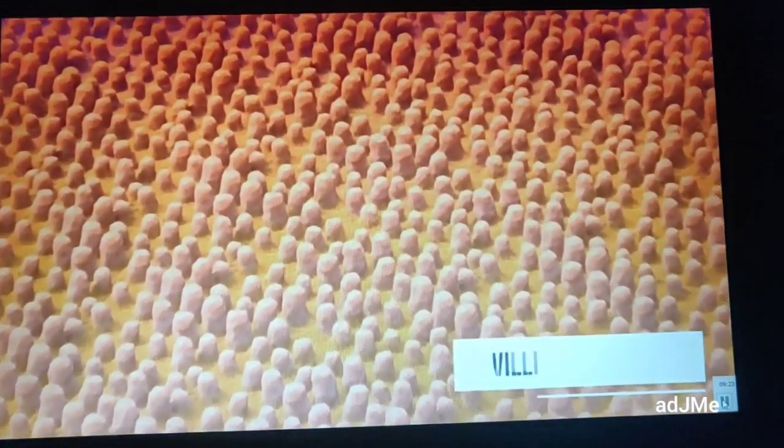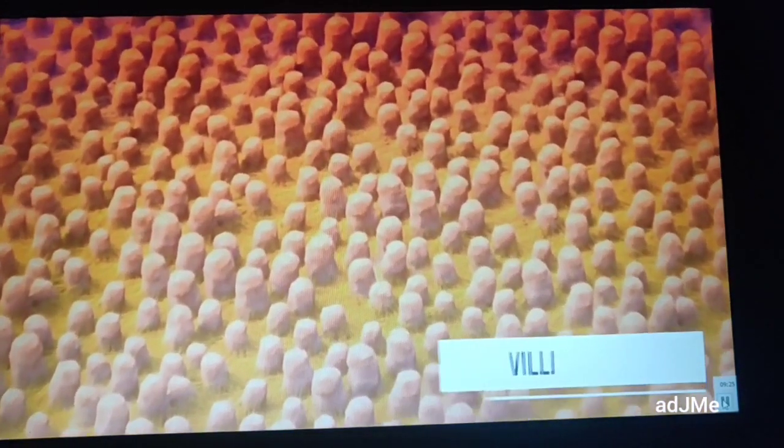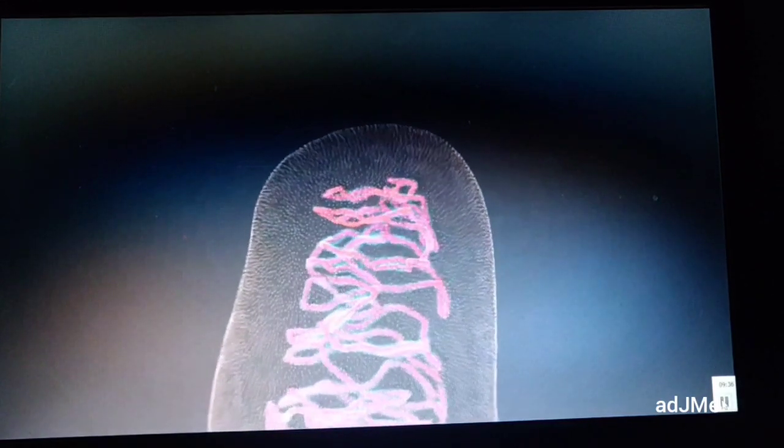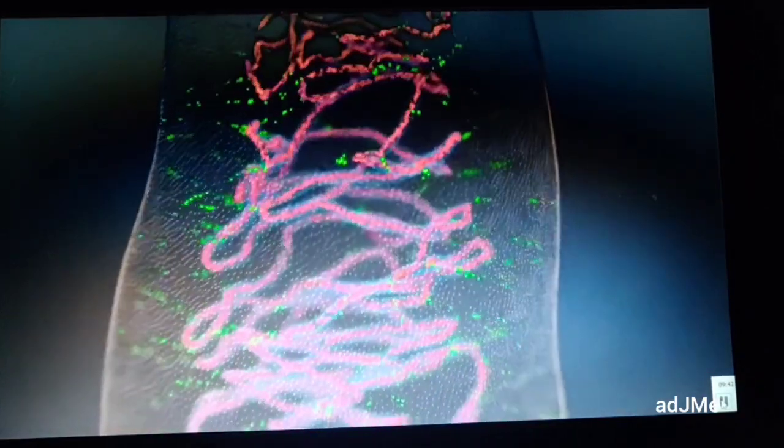So that is the main function of this villi. Okay, these finger-like projections are called as villi, which absorbs the nutrients. Internally, this villi comprises of numerous blood capillaries, which actually absorbs and sends the nutrients into the bloodstream. If it is entering into the bloodstream, which means it is going to all parts of our body.